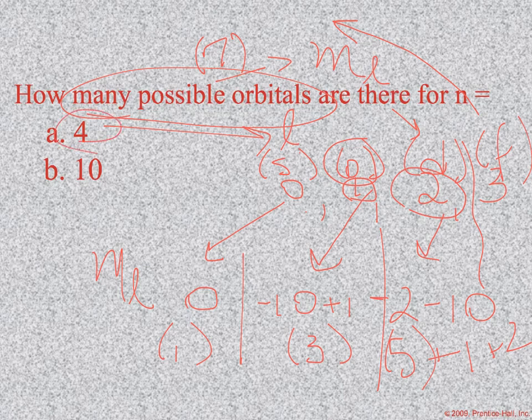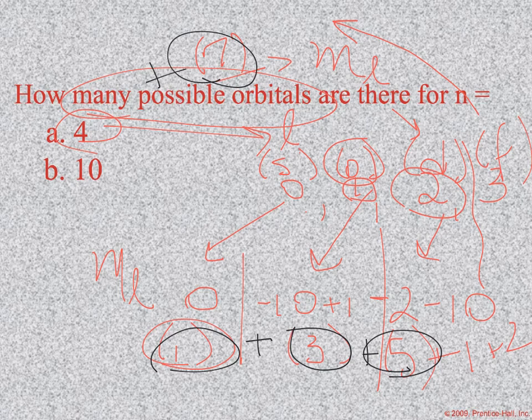How many do we have so far? We have 1, plus 3, plus 5, and then up here for F, plus 7. So how many is that? 1 plus 3 is 4, plus 5 is 9, plus 7 more. So there are 16 orbitals possible if n equals 4.